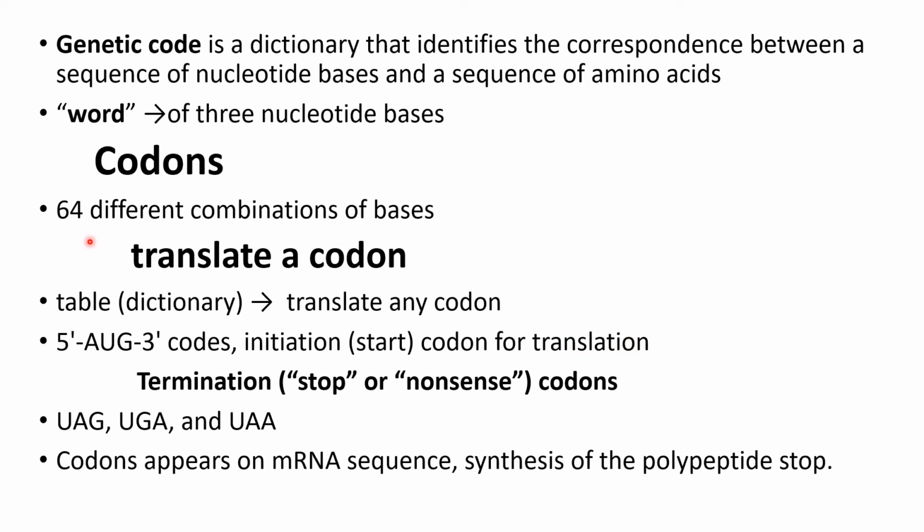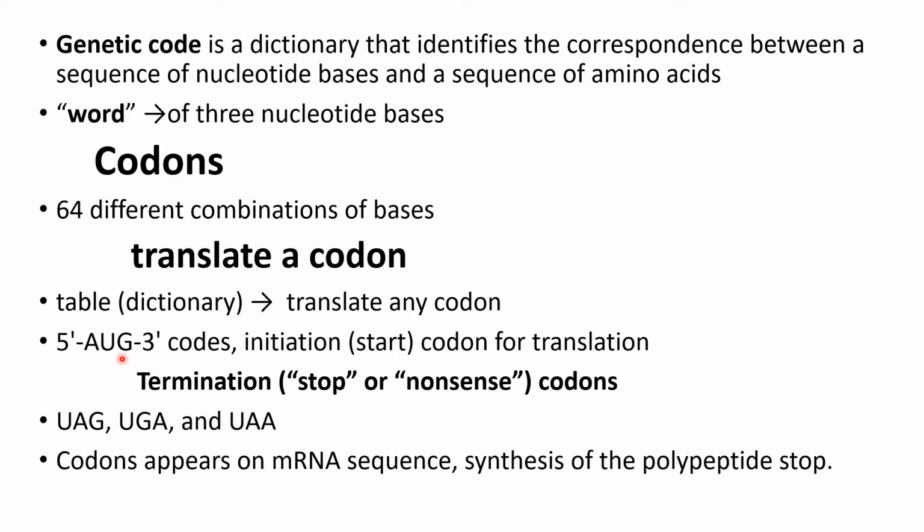Out of 64 different codons on the messenger RNA, 3 are termination codons and 1 is the initiation codon. Whenever the termination codons UAG, UGA, and UAA appear on the messenger RNA, they lead to stopping of the translational process.